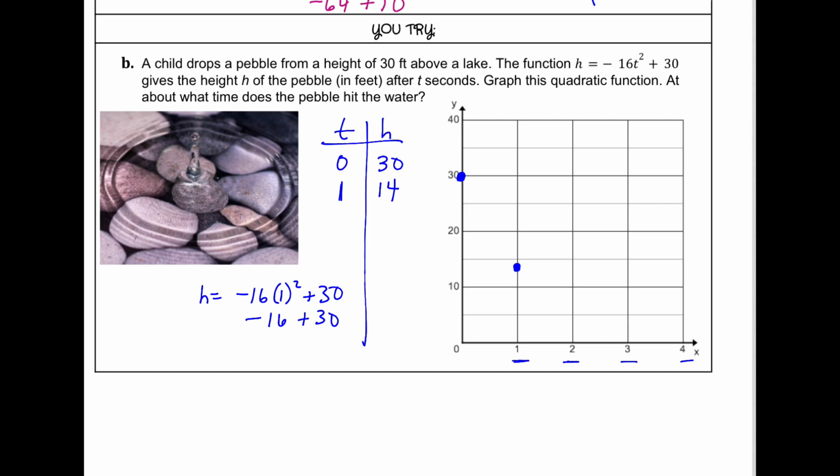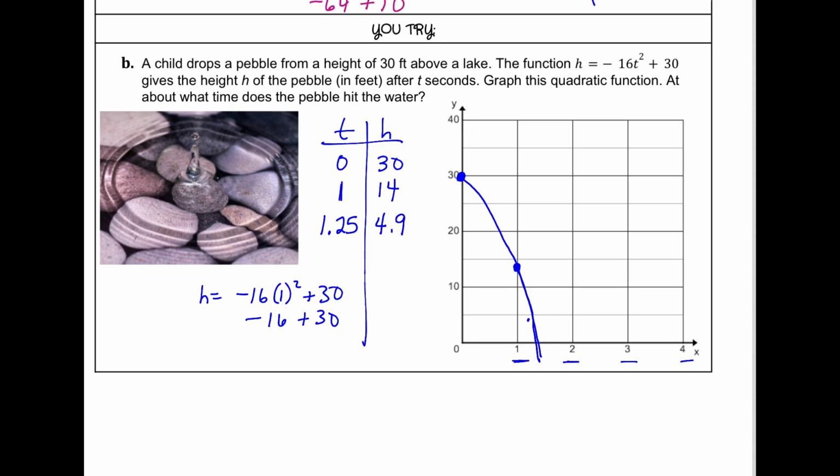If I graphed that, I could generalize about where it would go. And I could say if we were just rounding to the nearest second, it would take about 1 second. If I wanted to get a little closer, I could. I tried 1.25, and I got that I would be pretty close at 4.9 feet. I'd have to measure that.